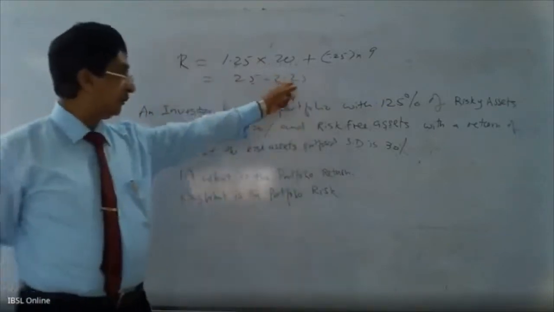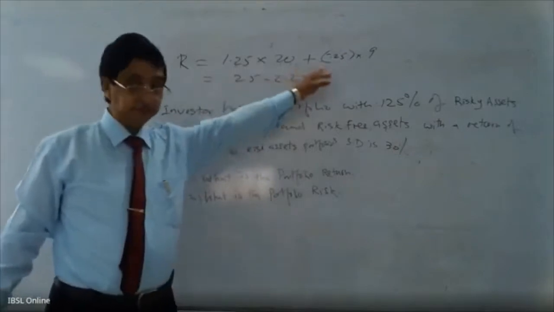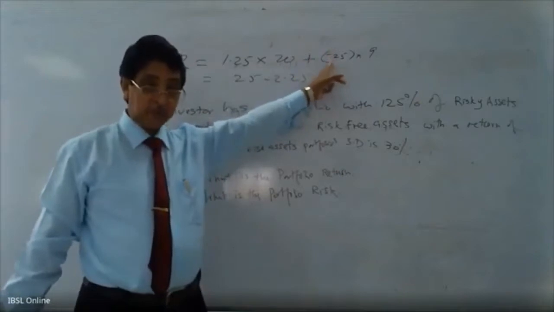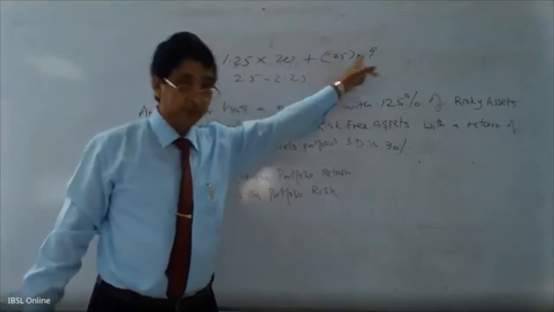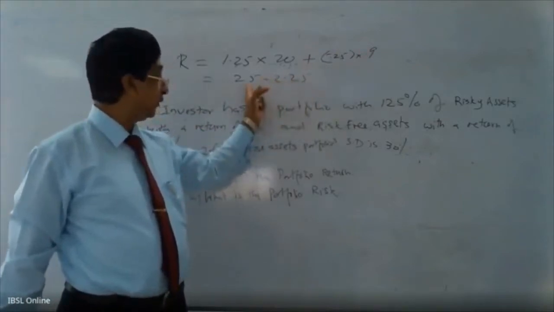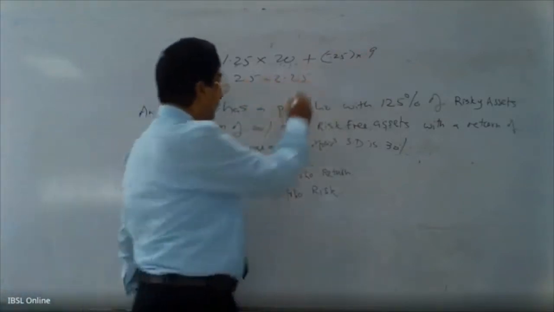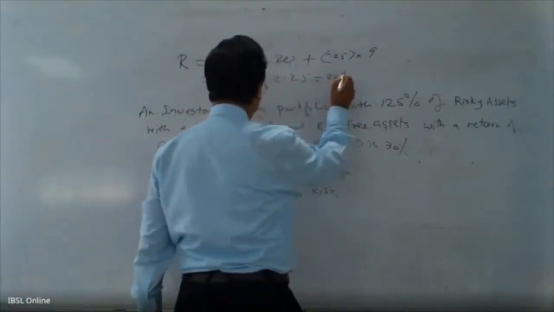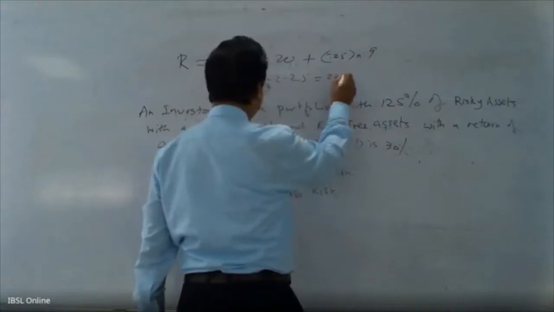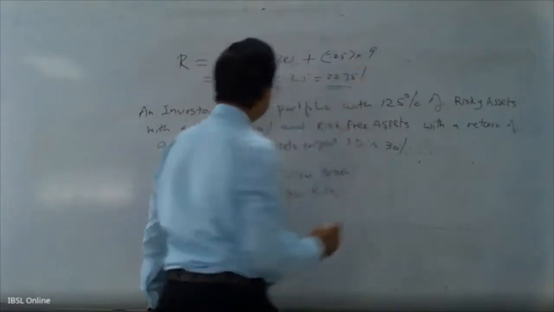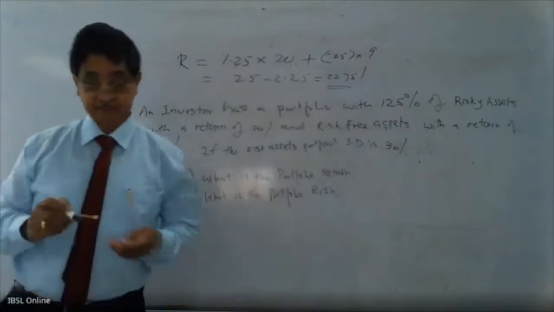Now I think people have made mistakes here. The weight here is a minus value. Minus 0.25 into 9 comes as minus 2.25. So 25 minus 2.25 comes as 22.75. That is the answer. That is the return. Is that okay?